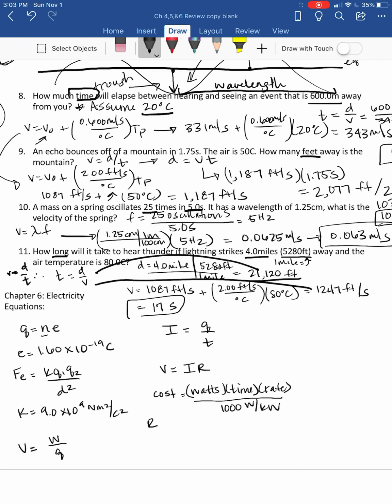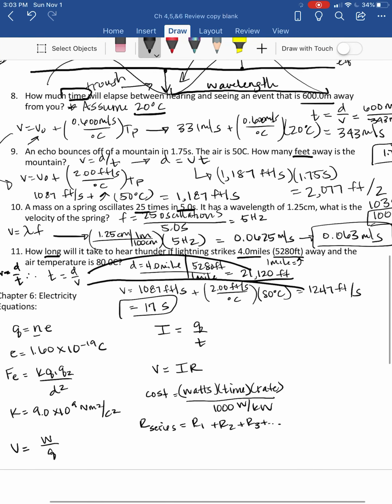And then if it was resistance as a series, we had R1 plus R2 plus R3, and that was it. For parallel, it was like 1 over R is equal to 1 over however many you have in that situation. But just remember that you have to solve for R total.